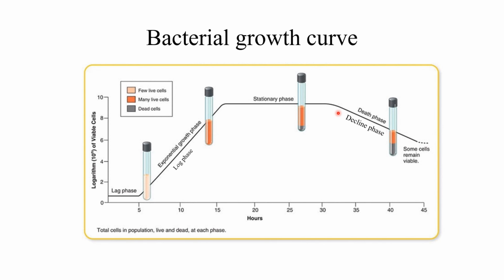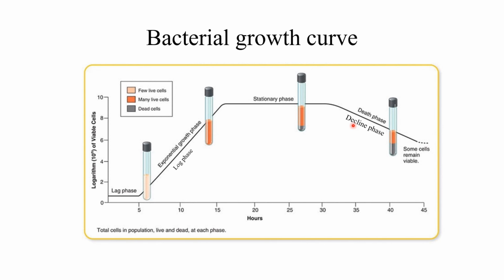And why is it declining? Because the nutrients of the culture medium will already have been utilized by the bacteria. When the bacterial count becomes more, more nutrient is required. But we are giving only a limited amount of nutrient, so nutrient depletion will occur, and bacteria will not get proper nutrient for their multiplication.